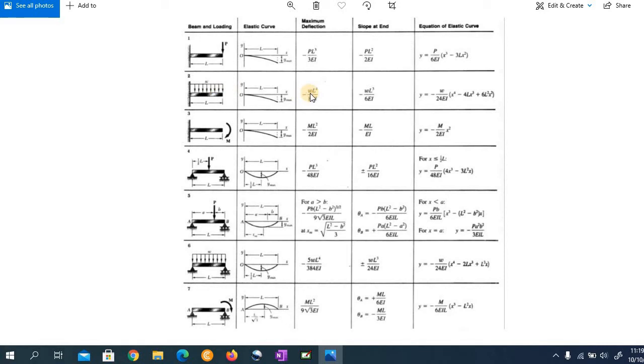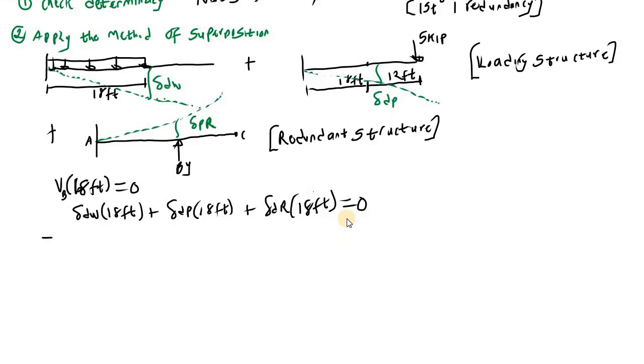So meaning this is going to be the displacement for the rectangular distributed load. So it's going to be negative WL raised to the power of 4, then divided by 8 EI. Now for the point load, we also need to take a look at the beam deflection chart.